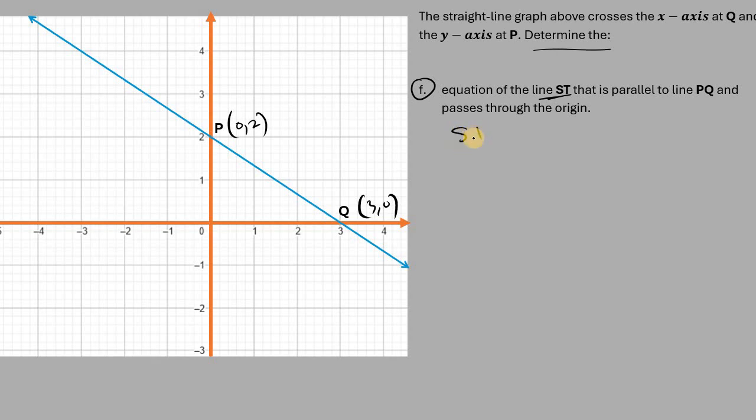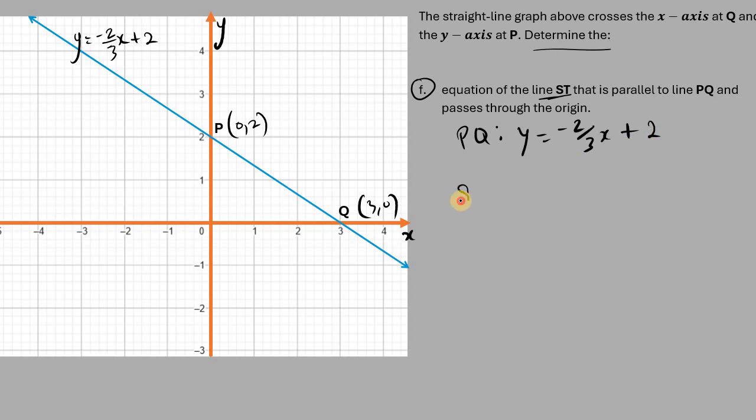Let's write down what line PQ is again. It's good to always write the equation by the graph itself. Negative 2/3 x plus 2. Remember, 2 is right because of the y-axis, and negative 2/3 is just the gradient. So for PQ, we know the equation is y equals negative 2/3 x plus 2.